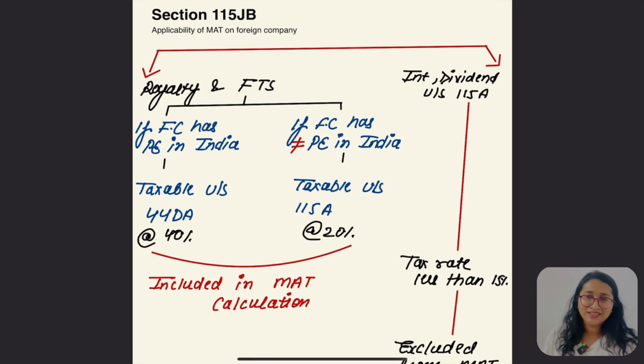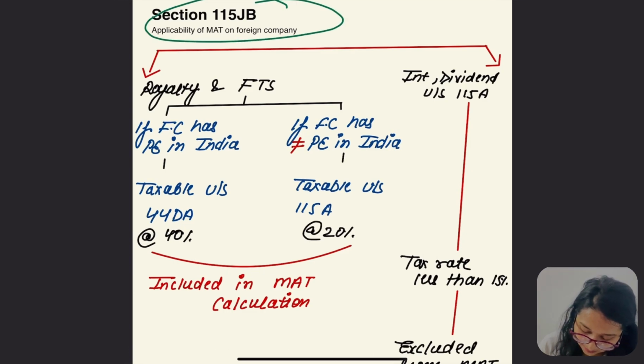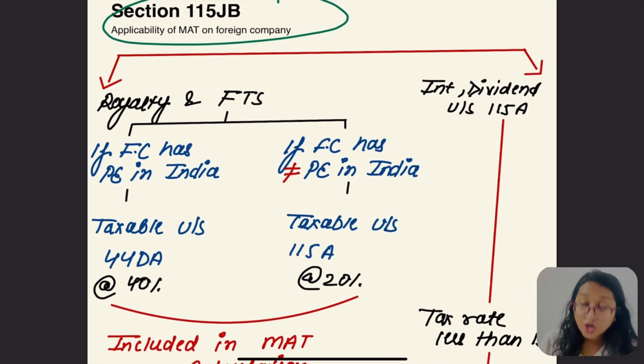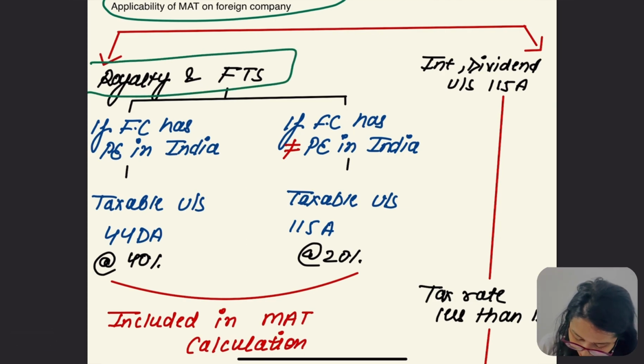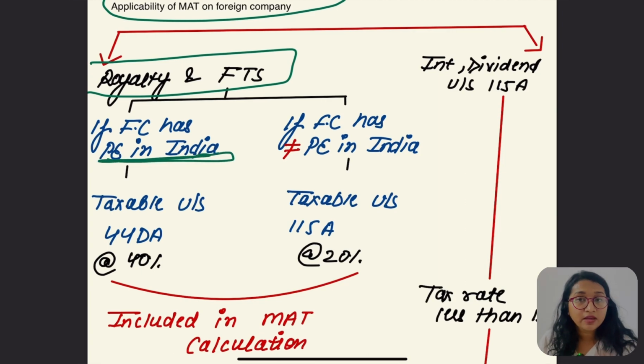Let's go to this section again. We know about this section. Section 115JB talks about the applicability of MAT on a foreign company, which covers royalty and FTS, if the foreign company has a PE in India and if it does not.